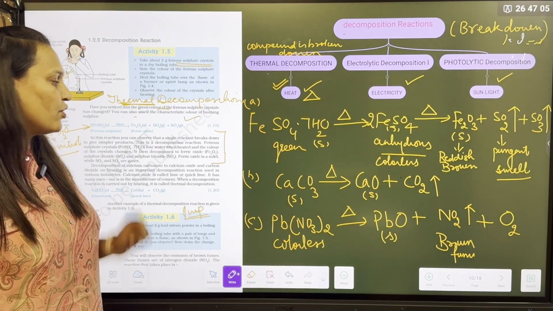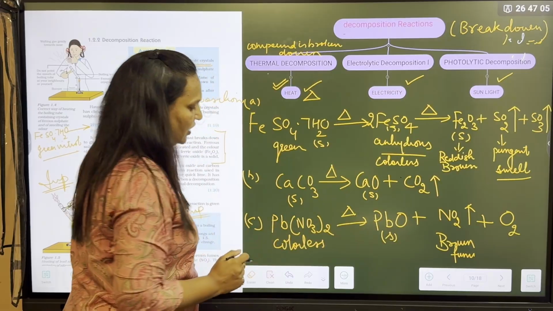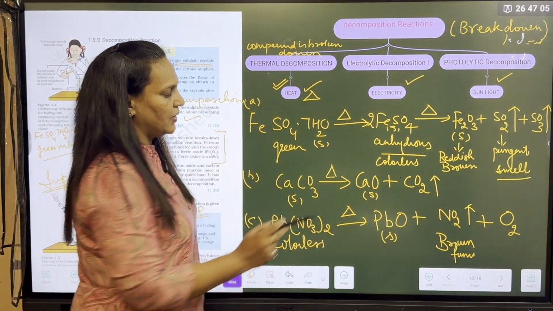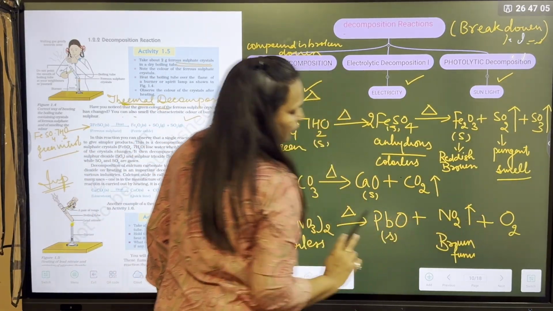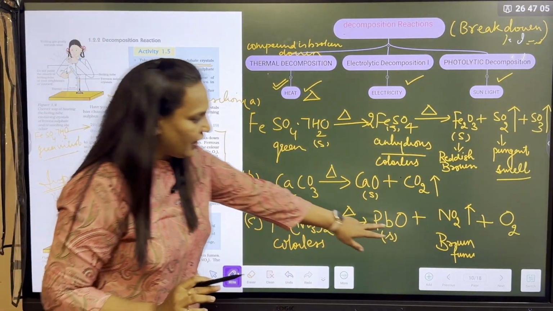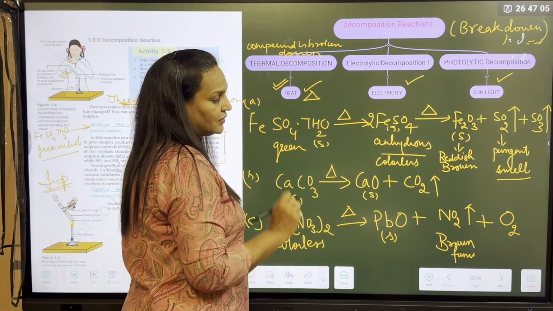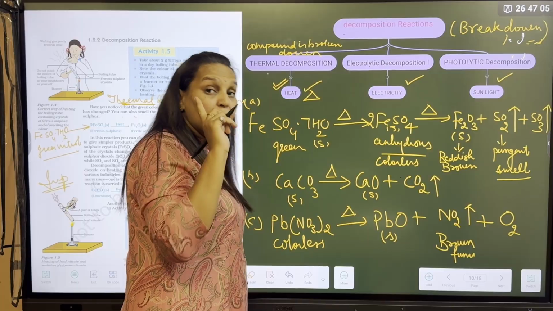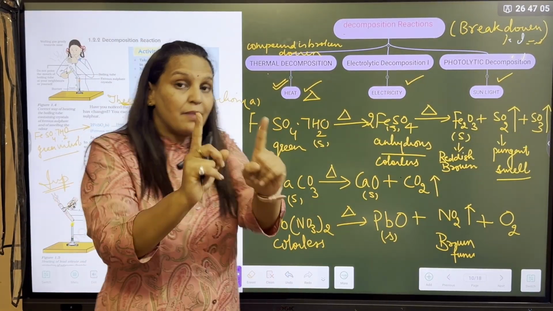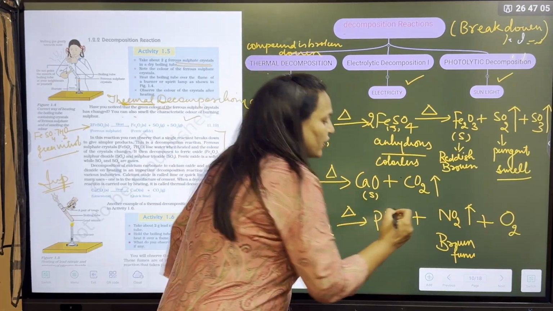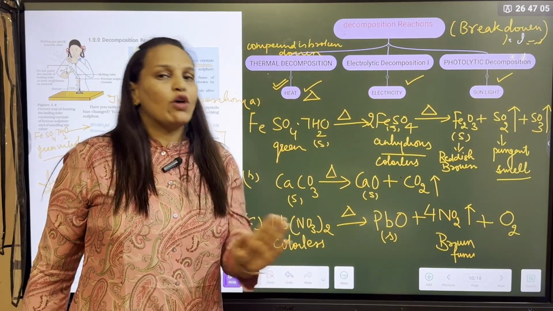Shall I tell you the trick to remember the balancing? See, first metal, one lead. How many nitrogen here? 2, but here only 1. Here 6 oxygen, here 4 oxygen, and 1 here, 5 total in the product. So, the best way to remember this, remember one coefficient. Thermal decomposition of lead nitrate, remember one coefficient: 4NO2. Never learn the NO2; always remember 4NO2, brown fumes.